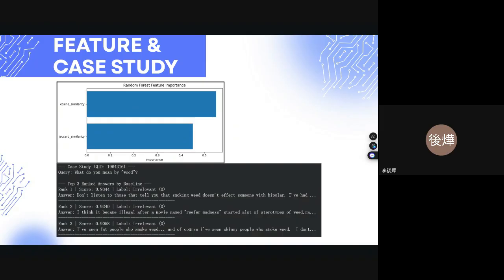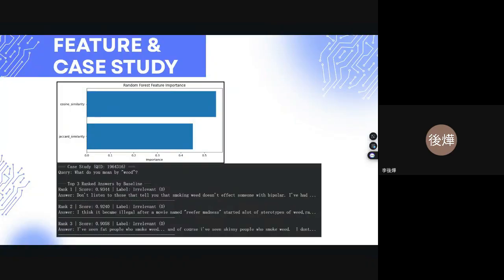So here comes the question: why can't the model separate the relevant and irrelevant parts? Looking at the feature importance, cosine similarity dominates the decision making. The model relies entirely on keyword overlap. Take this case study. The user asks for the definition of weed.